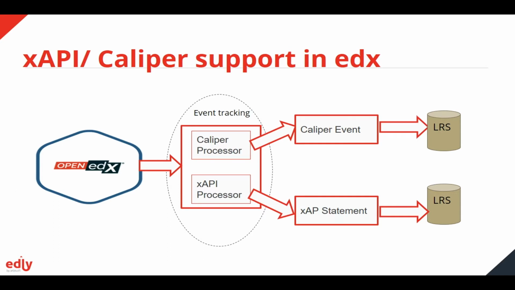The Caliper backend is going to create events for the Caliper specification, and the xAPI backend is going to transform events to the xAPI specification. And then we have the ability to route, whatever LRS we use. We can route Caliper events to a separate LRS and xAPI events to a separate LRS.